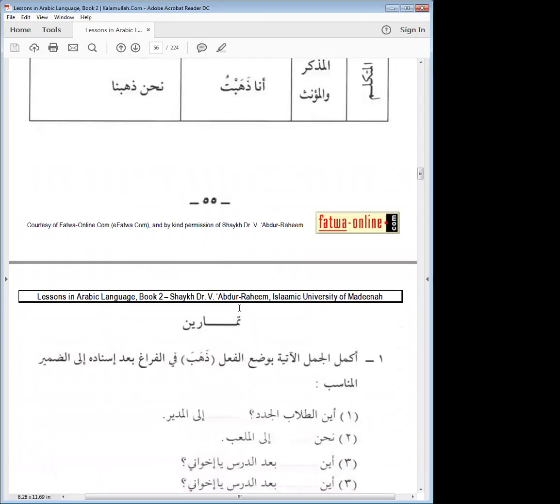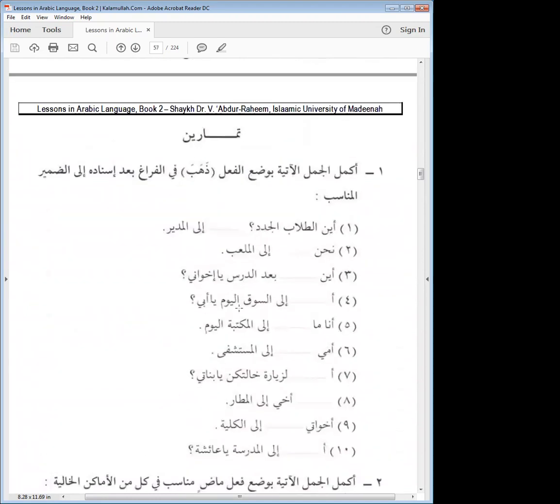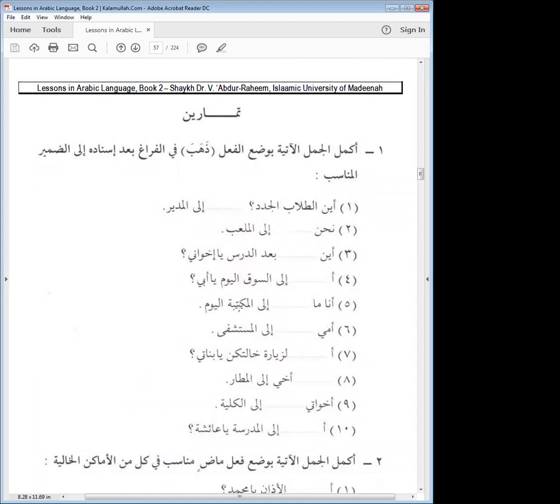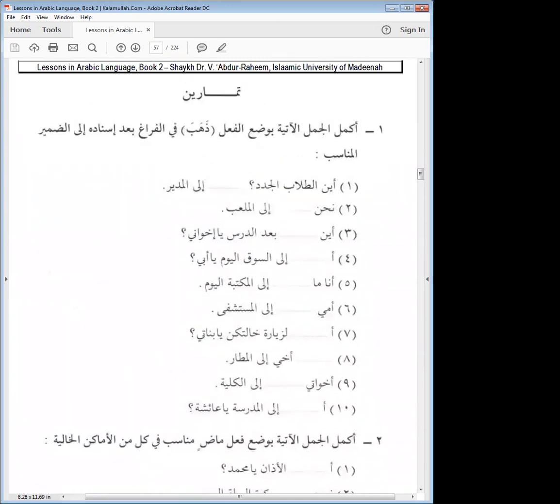Okay. So we're going on to the exercises now in this chapter. We said this chapter is more or less a revision chapter. So we'll just go through some of the exercises, inshallah. Number one: أكمل الجمل الآتية بوضع فعل ذهب في الفراغ بعد إسناده إلى الضمير المناسب.